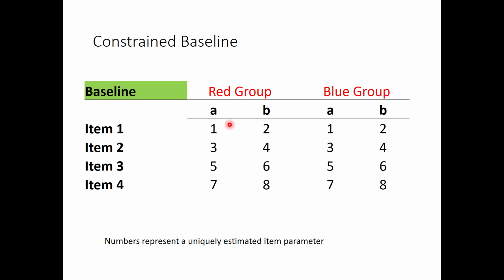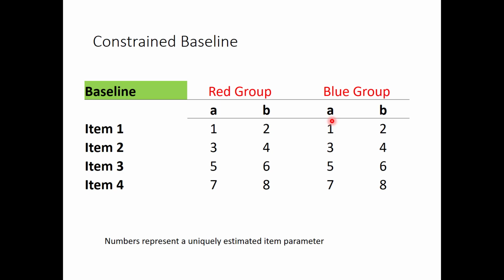In this case, the number 1 appears twice, which denotes that the A parameter for the red group and the blue group for item 1 will be the same number. If you estimated the groups separately, the red group might have had a 1 and the blue group a 1.5, but you'll probably get something ballpark 1.25 for both, because we're making the constraint that they have to be the same, and that's part of the estimation procedure.